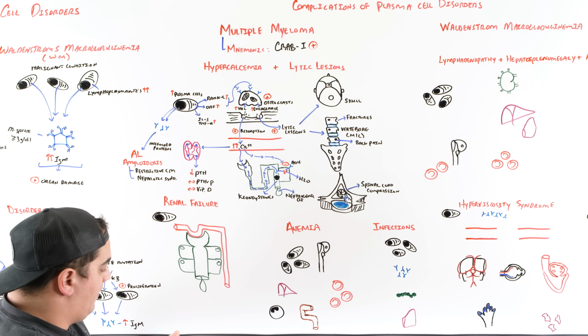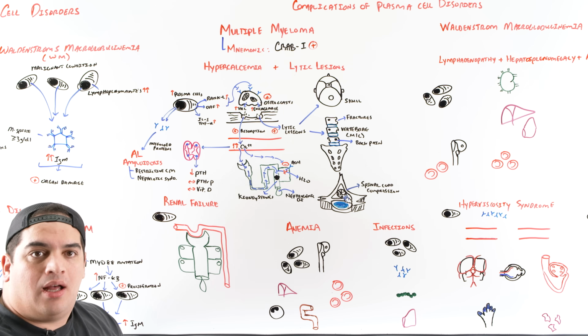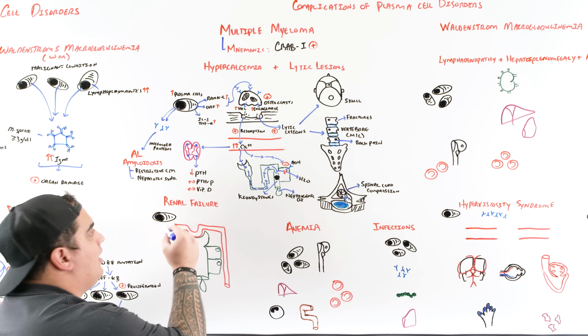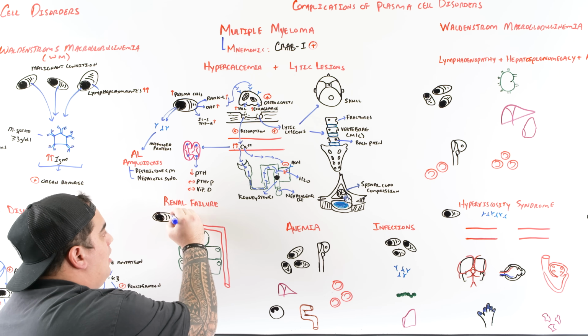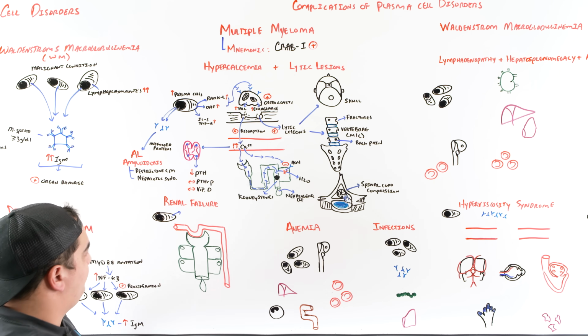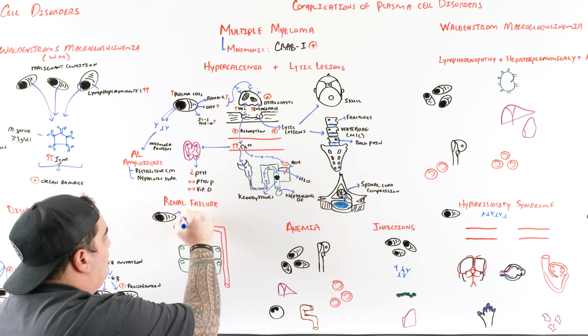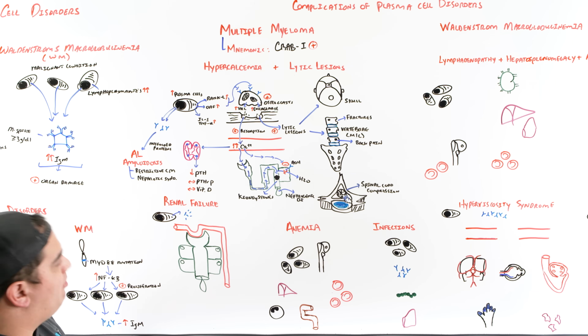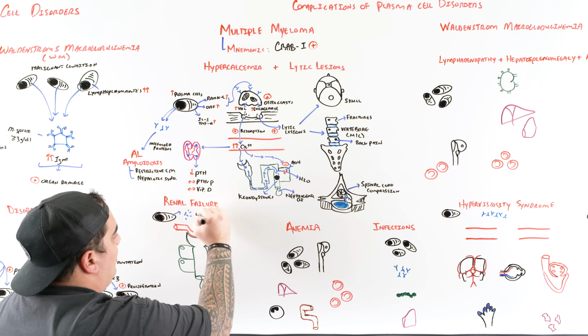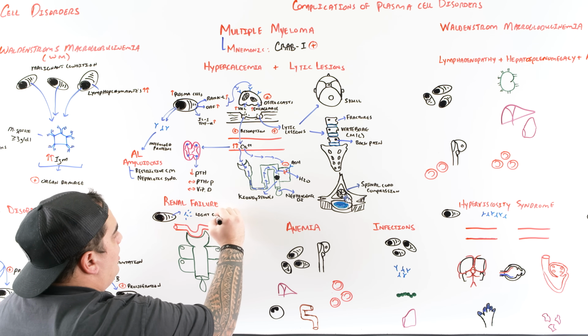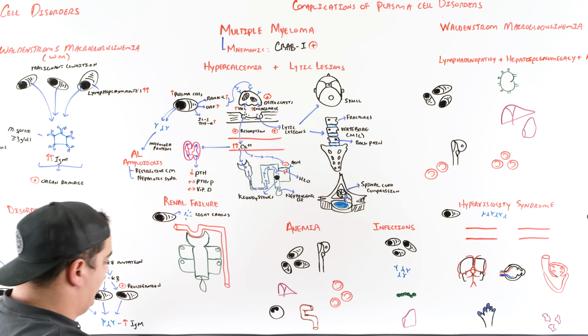So what happens here? When a patient develops multiple myeloma, they can make all those immunoglobulins that we talked about. But these little puppies here, the light chains, here's all those light chains. These are the problematic guys. And again, these were the kappa and lambda light chains.